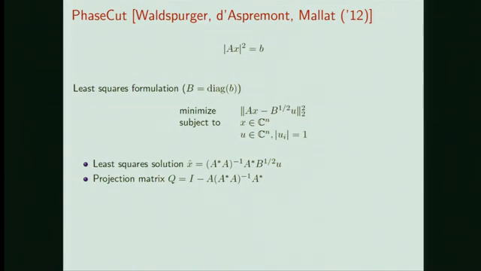Okay, so here's what they say. What I would like to do is find the phase u of the measurements that are missing. If B is a diagonal matrix which has the measurements on the diagonal, then what I need to do is find those phases u, which are vectors in C^n with unit modulus, such that the discrepancy between Ax and the data multiplied by the phase is as small as possible.